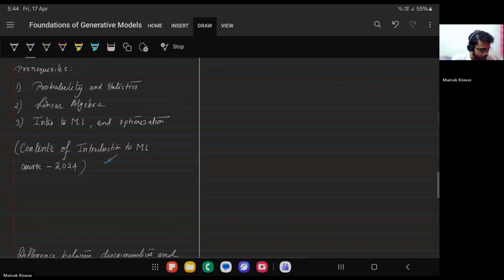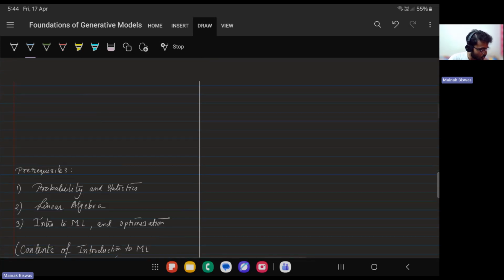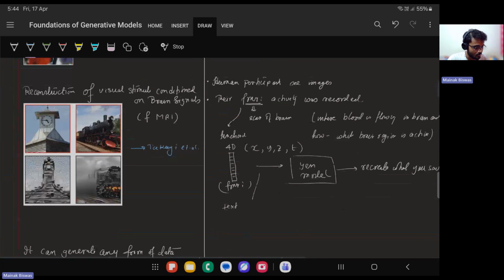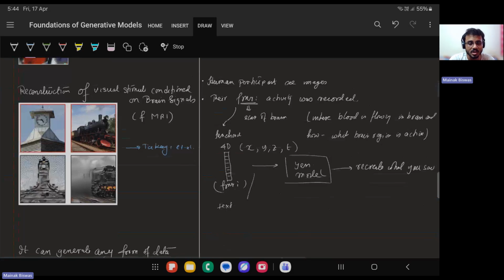So, enough of the hype around generative models of images, texts, videos and audio and whatnot. Given fMRI, it is able to tell you what you actually saw. If you took away something from this presentation, it is this phenomenal idea that even very, very complex data, for example brain data, can be used effectively by these models to actually read your mind.